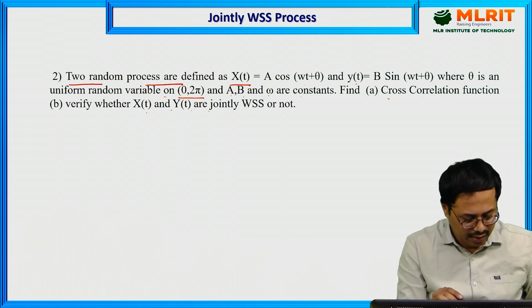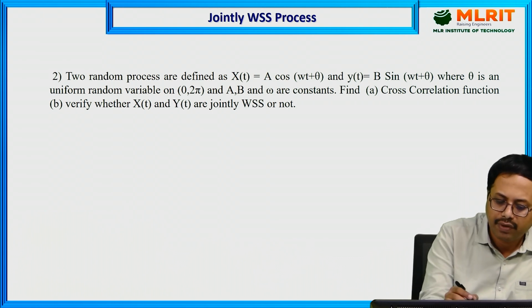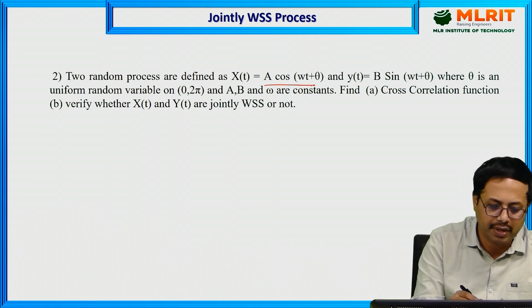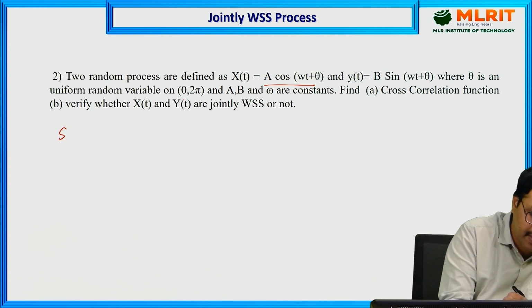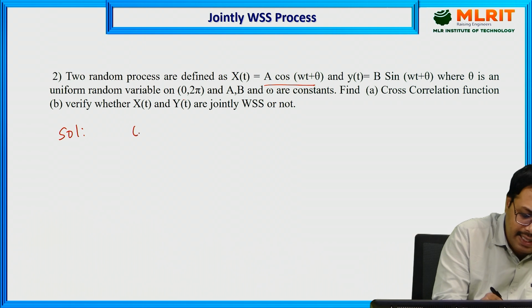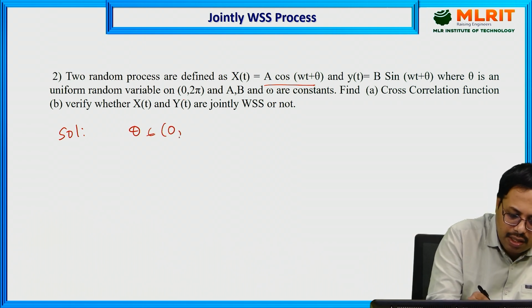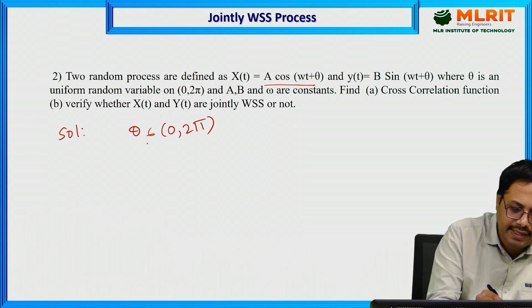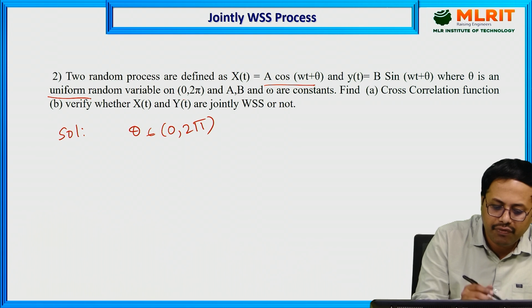Here you can observe clearly that whenever a question is given, first observe which one is a random variable. Here theta is a random variable. From the given data, theta is a random variable defined over the interval 0 to 2 pi, and it is a uniform random variable.